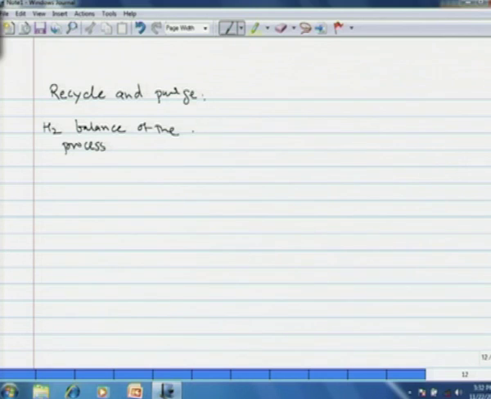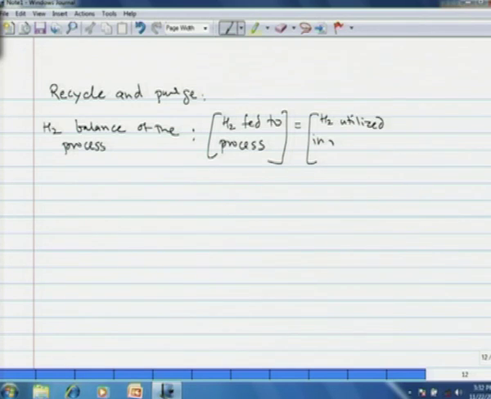So, the total hydrogen that is fed to the process is equal to the hydrogen utilized in the first reaction, and then the hydrogen that is generated in the process.